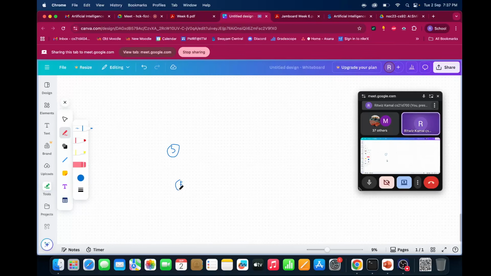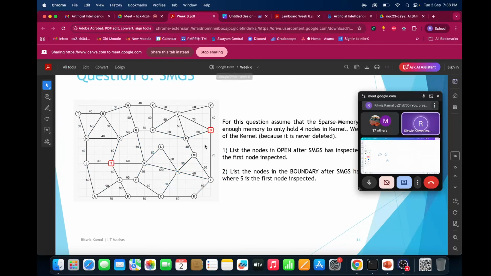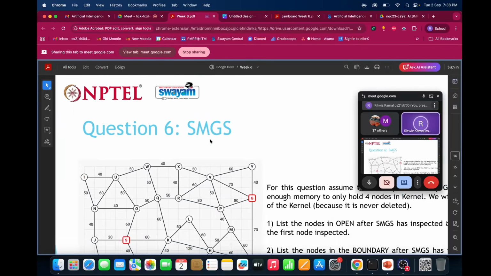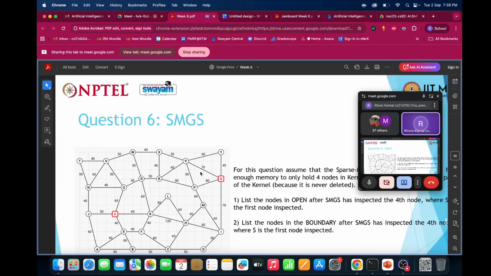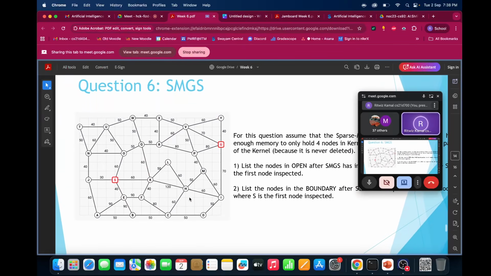Yeah. So we'll note them down. I am trying to follow the relative position of these nodes in the original graph. Maybe I'll show the original graph to you once and then you can take a photo of it so that you can refer to it readily as and when we solve the SMGS.